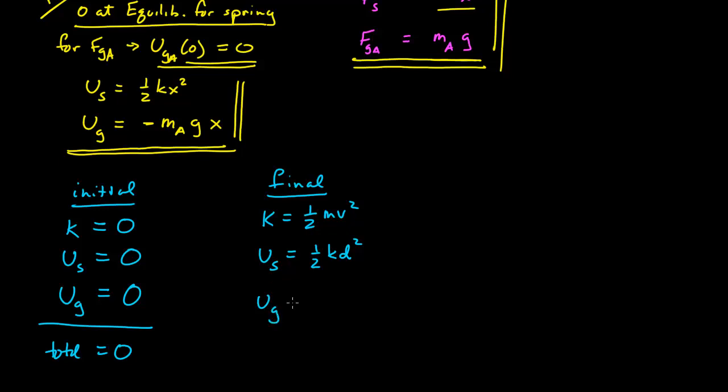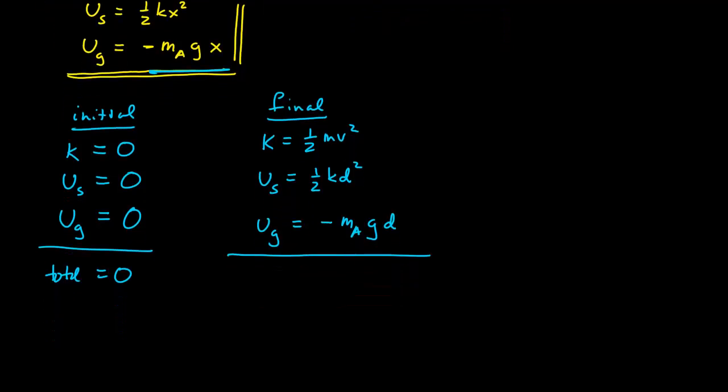And it now has gravitational energy given by the potential energy function, which is negative mass of A g d. So I add all of these together, and I have 1/2 mv squared plus 1/2 kd squared minus mass of A g d is equal to 0.